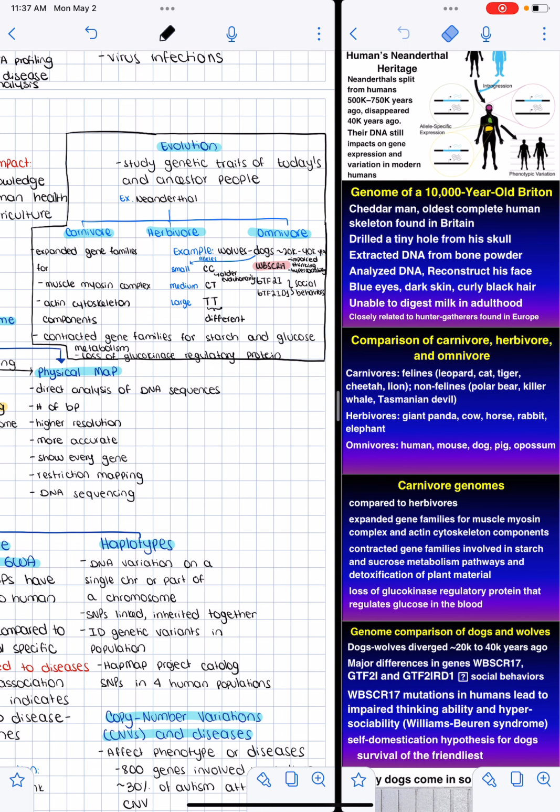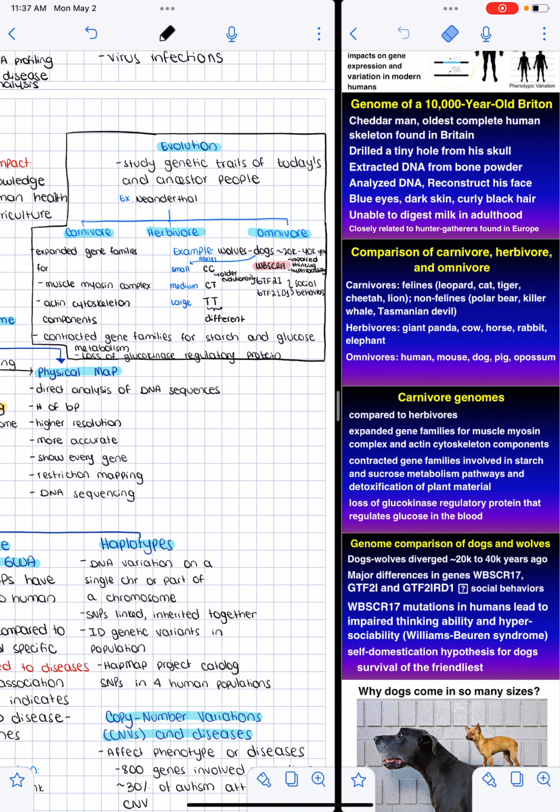This has not been found as much in herbivores and omnivores, but a similar example happens in wolves and dogs. Approximately 20 to 40,000 years ago, dogs evolved from wolves.